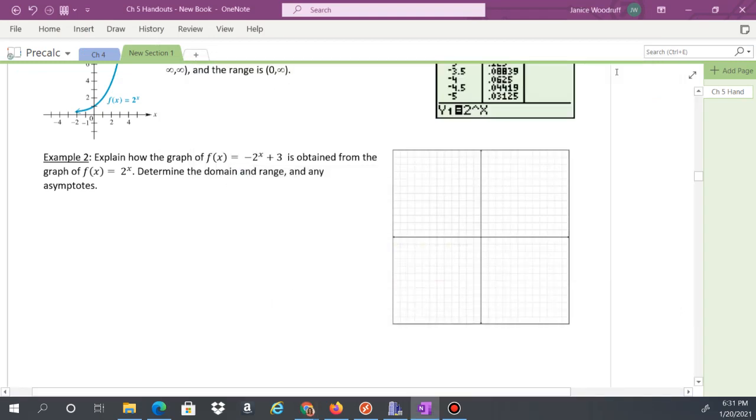So a lot of that you can just plug in and take a look at, and then you can write that down. So, domain, negative infinity to infinity, range, negative infinity to positive 3, and then our asymptote, we did have one at y equals 3, that horizontal line at 3 there.